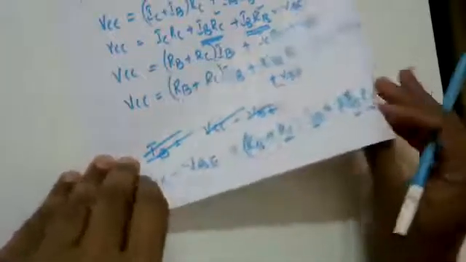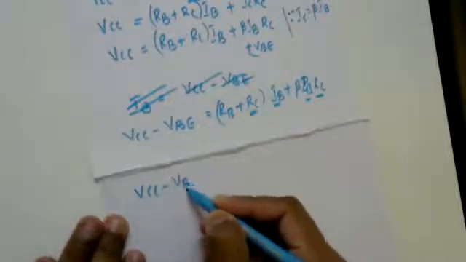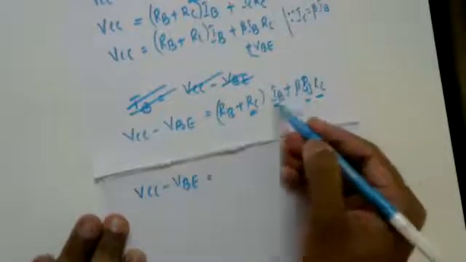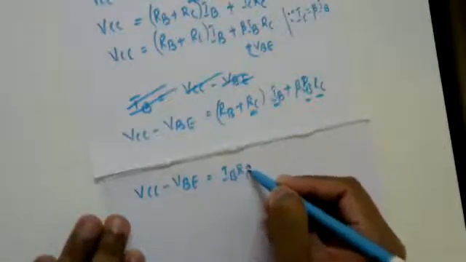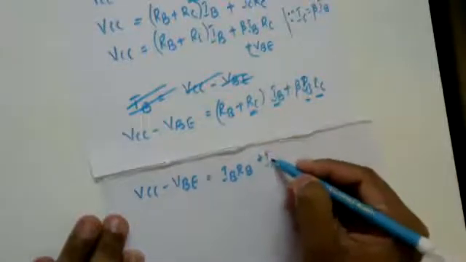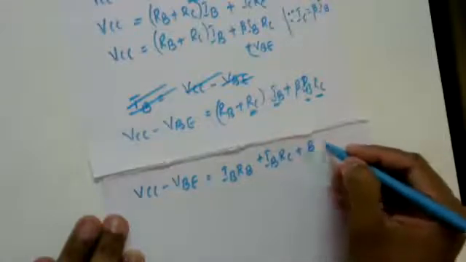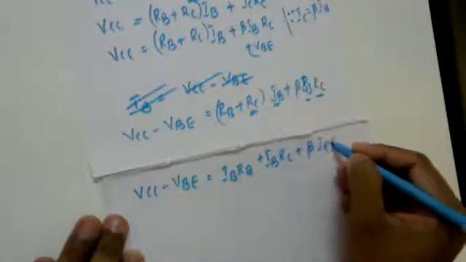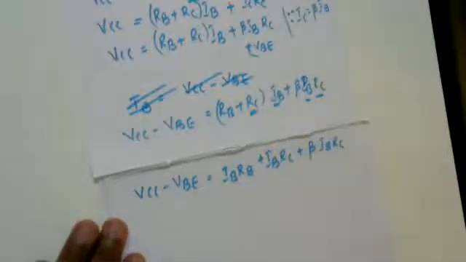Now if you see here, again you are having the terms RC, IB, RC, IB. Yes or no? So what I can do over here is expand this term. VCC minus VBE is equal to, if I take this IB inside, what will I be getting? IB RB plus IB RC plus beta times IB into RC. Understanding?